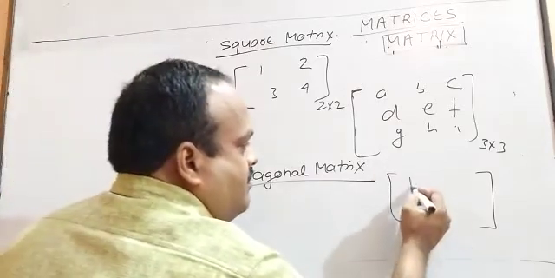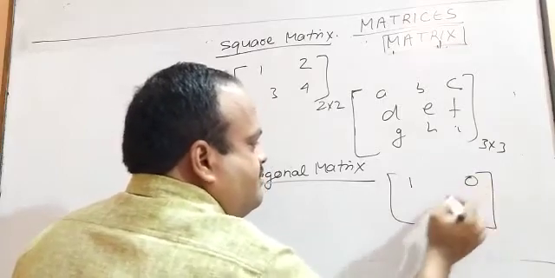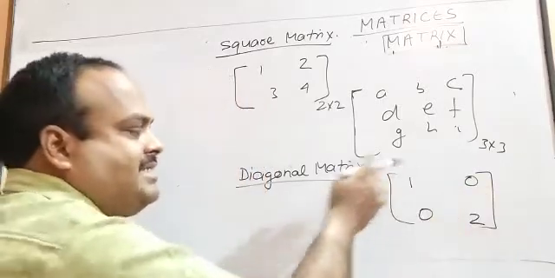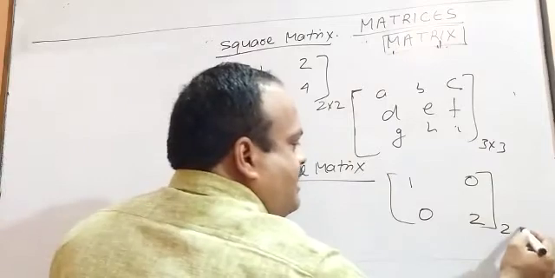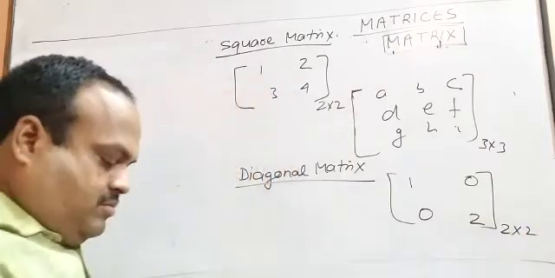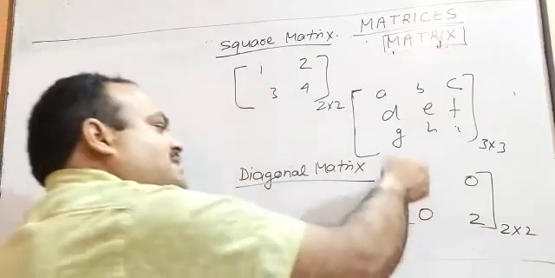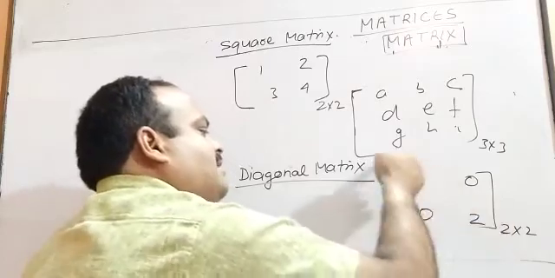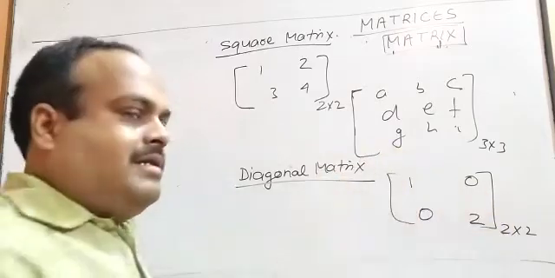Example: this is a square matrix of order 2 by 2. This is the leading diagonal.